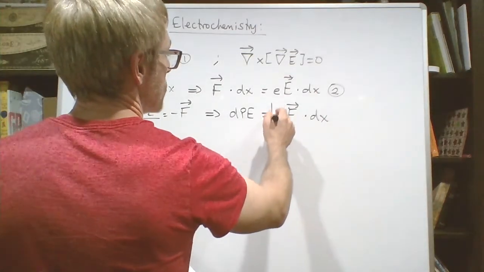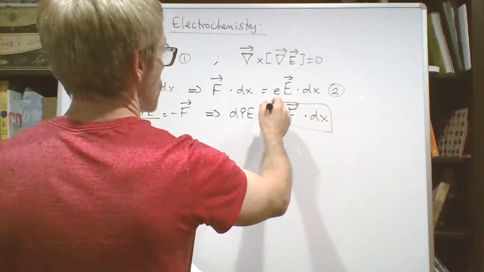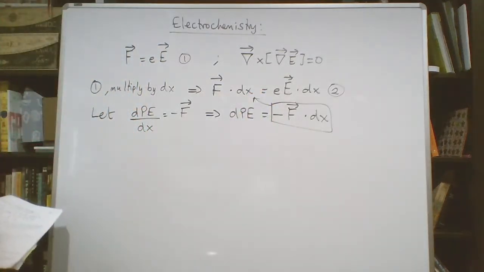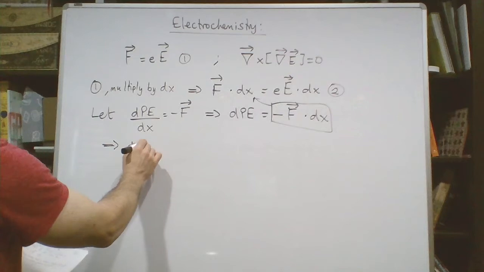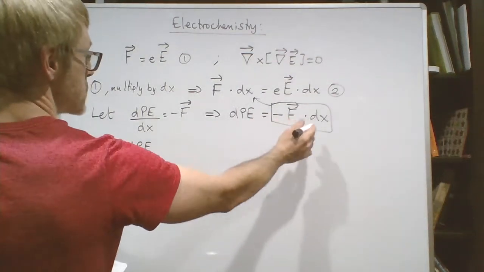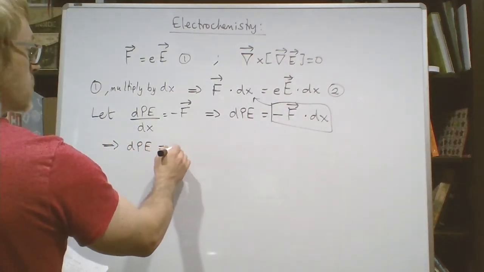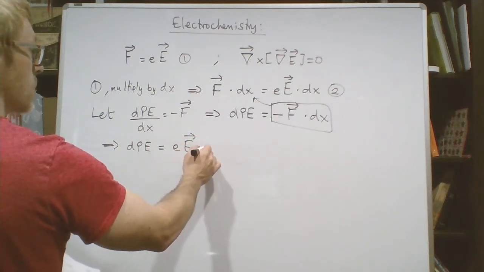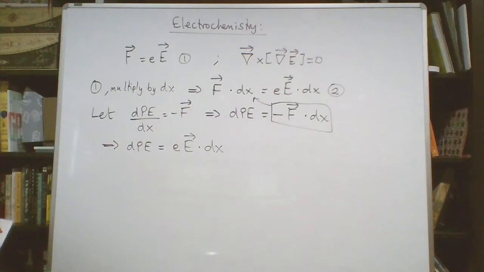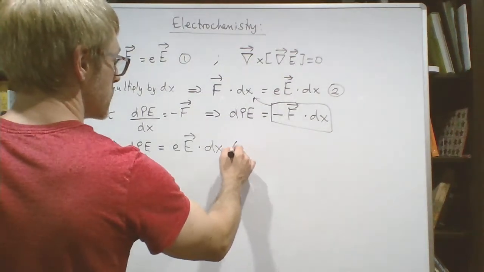So again, I'm going to take this and I'm going to insert it in here. So we've got the change in potential energy, which is this expression here, is equal to E arrow dot dx, and I'm going to call this equation 3.